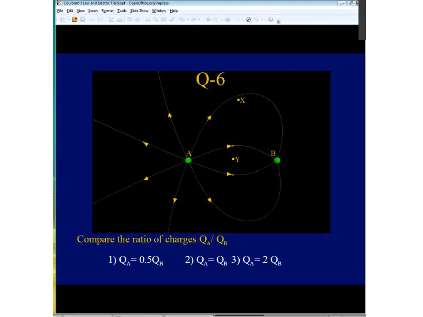From A, how many lines are shown from A? 8. And B? 4. That means QA should be equal to 2 QB. Correct. Third one.